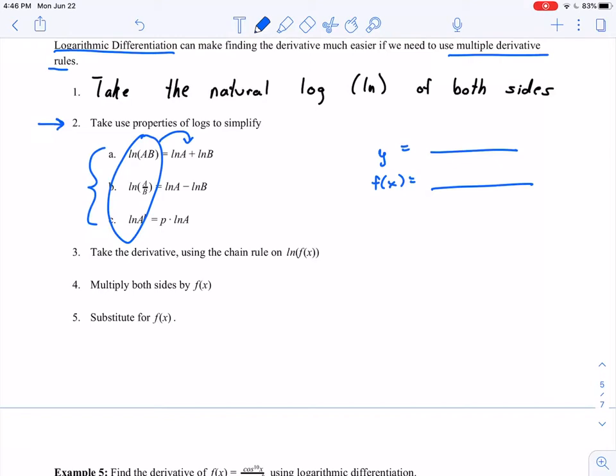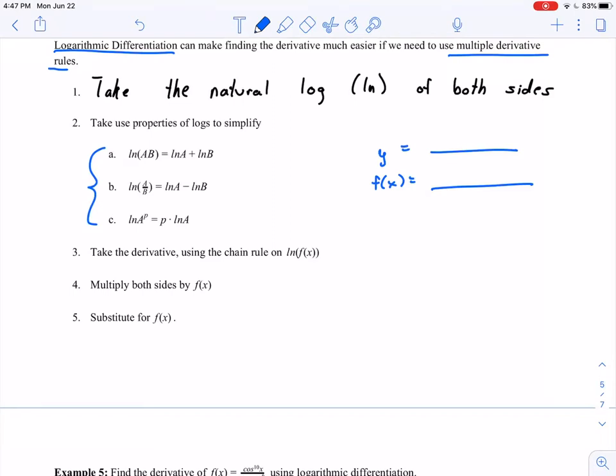We'll have more terms and we'll have more logarithms to worry about, but each one of those logarithms will be much, much easier for us to work with than just working with the original function, or even worse, the logarithm of that original function, because that also would add a 4th or 5th or 6th derivative rule that we would need to use.